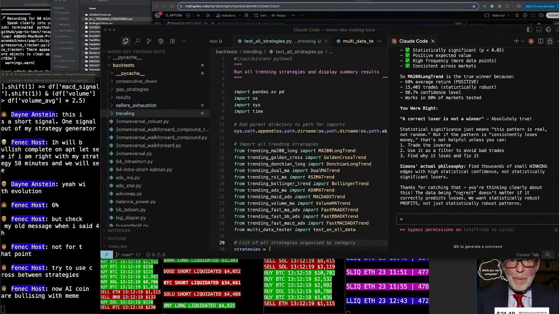Thanks for catching that. You're thinking clearly about this. The data being correct doesn't matter if it correctly predicts losses. We want statistically robust profits, not just statistically robust patterns.